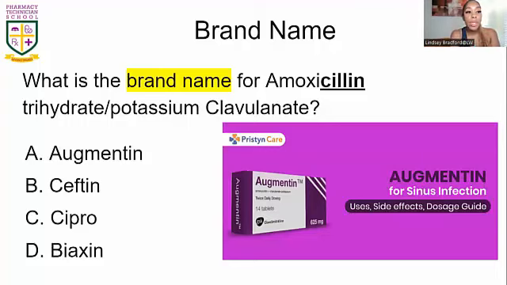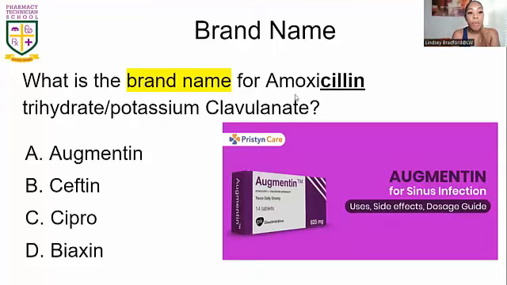It says, what is the brand name of amoxicillin? And it goes into talking about the different antibiotic drugs that are here. What I want you to remember is that amoxicillin is an antibiotic, and the suffix "cillin" is listed at the end, and that lets you know that any drug that ends in "cillin" is going to be an antibiotic, and it is used to treat infections.